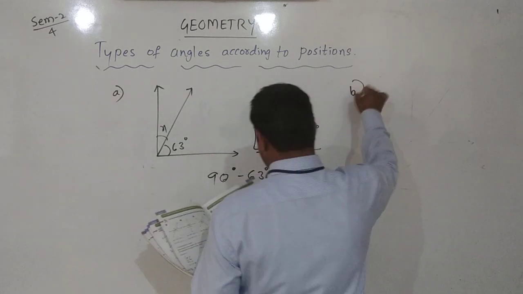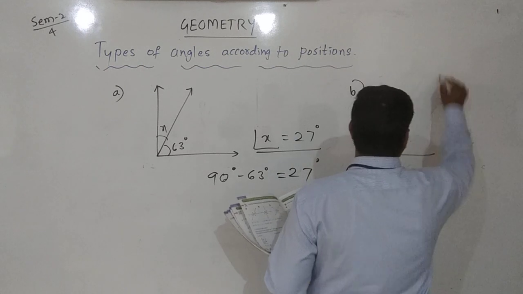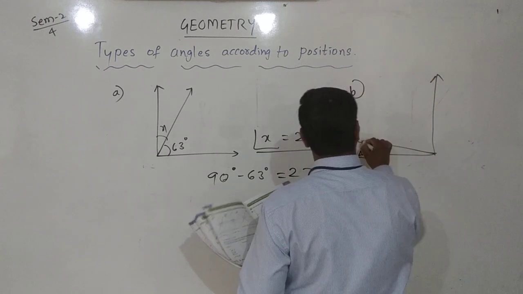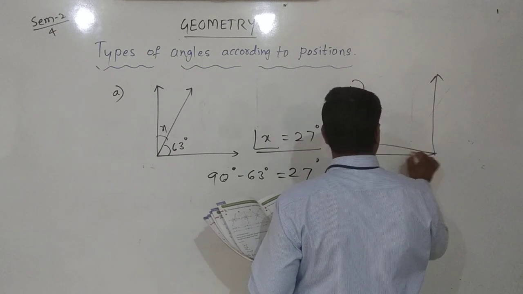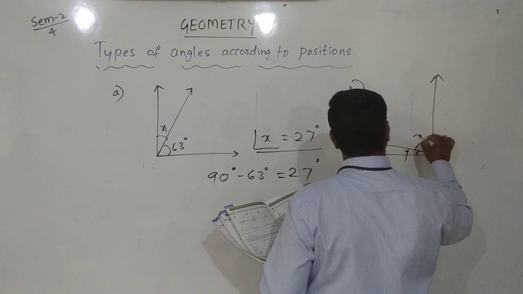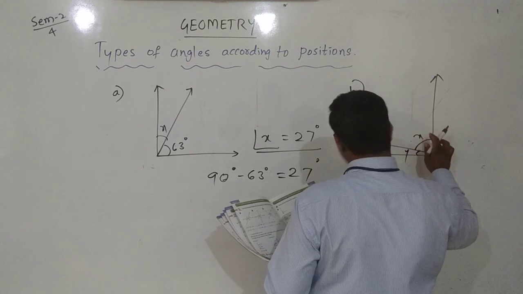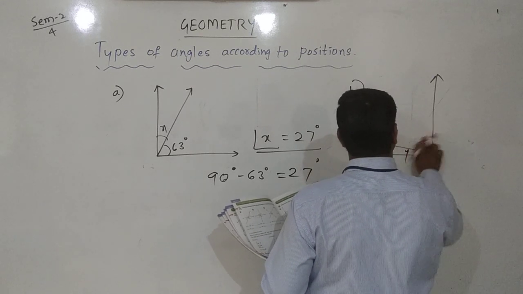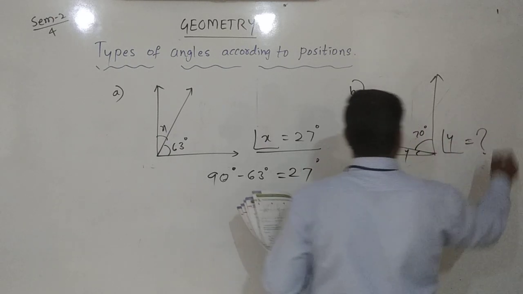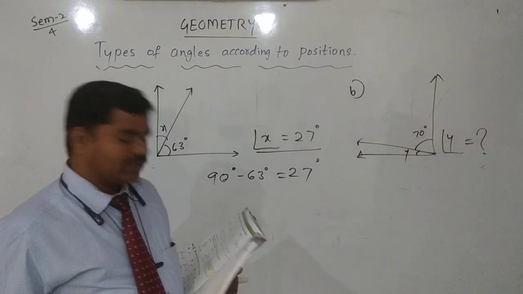And question B. Yes, this is a rough diagram. Here y. X is given, that is 70 degrees. Angle y is equal to question mark.